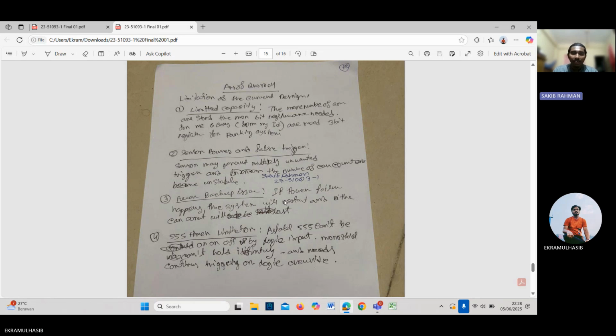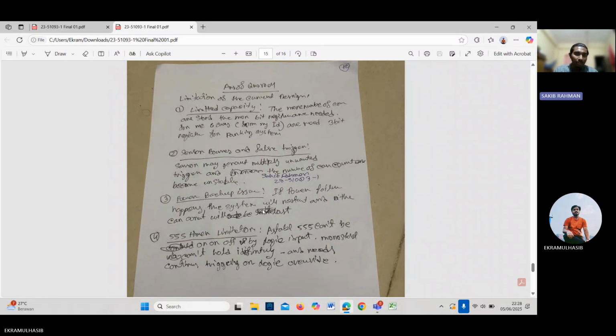Sensor bounce and false triggers also happen. The power backup issue happens when load shedding happens in our country. The power fails, resets the whole system and deletes the car count it previously stored. That's why many things can happen. The car place was full, but it was shown empty.